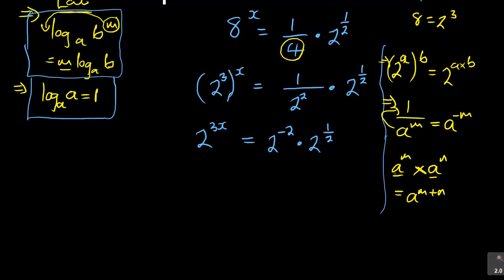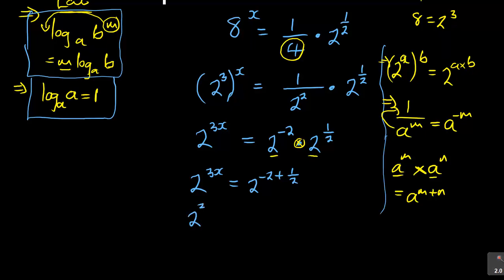So that rule says if you've got the same base and they are multiplying, you add. That's what we have. We have the same base and a multiplication. It means we have to add the exponents. So what we have now is 2 to the power of 3x is equal to 2 to the power negative 2 plus 1 over 2. Are you with me? Then we continue.